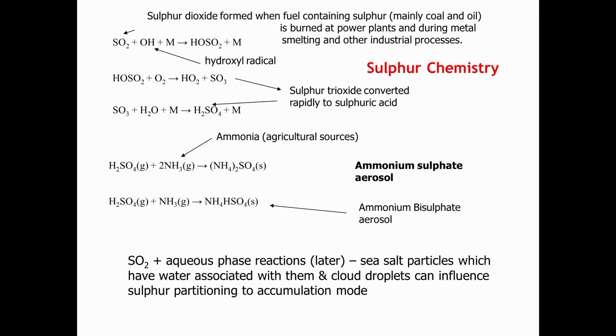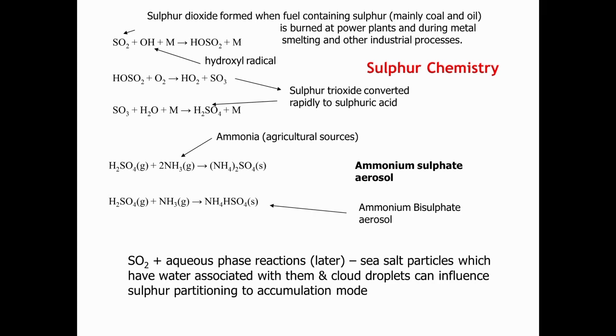So why is sulfur 4 oxidised to sulfur 6 in a volcano plume? It's actually quite complex. It's a lot of heterogeneous reactions that lead to the formation of sulfate from SO2. So it's like combustion. It's very difficult to say whether sulfate is a primary emission or a secondary emission from volcanoes. But it emits a lot of SO2.